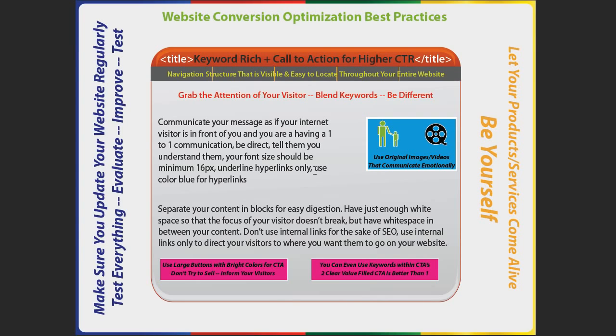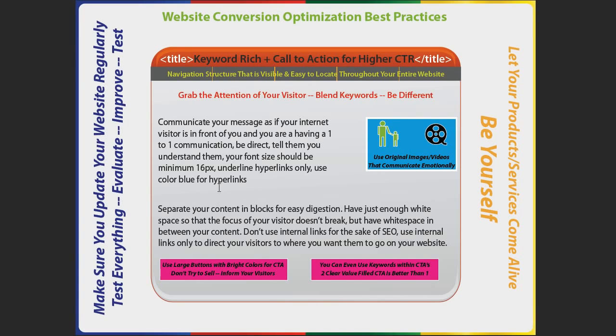And if you have color themes, try to not use blue for other things apart from hyperlinks. If you visit other websites, you see it. 90% of hyperlinks on the internet are colored blue. Therefore, people get accustomed to that, right? So therefore, don't use the color blue for other things.